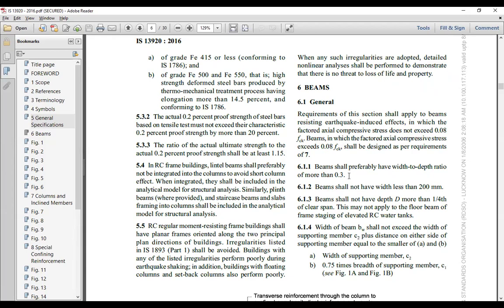They have just mentioned directly the width to depth ratio. Okay, since this is the latest version, we will follow this only.